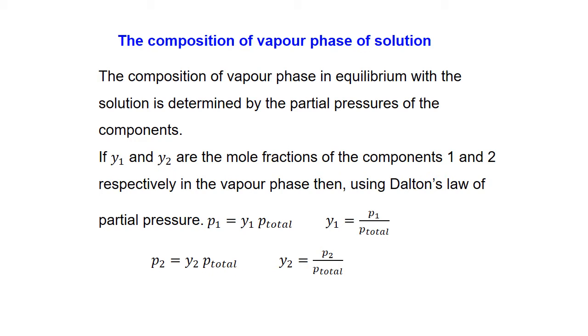In the vapor phase, suppose the mole fraction of component 1 is Y1 and that of component 2 is Y2, and the total vapor pressure is P total. Then the partial pressure of component 1, P1, is equal to Y1 into P total, and Y2 is P2 by P total. Y1 can be calculated by P1 divided by P total. In the same way, for the second component we can find out the values and then calculate the number of particles, their mole fraction in the vapor phase.